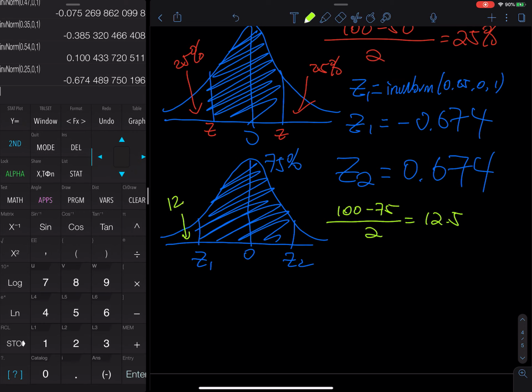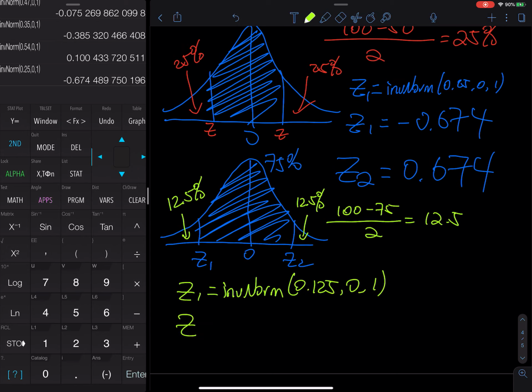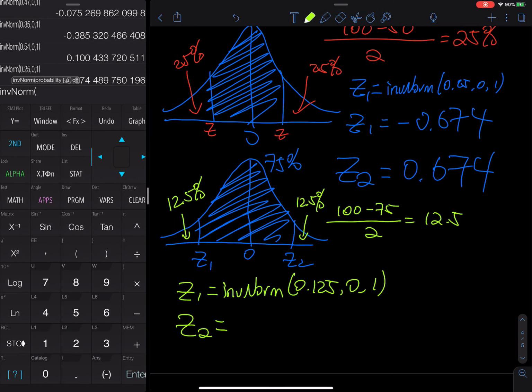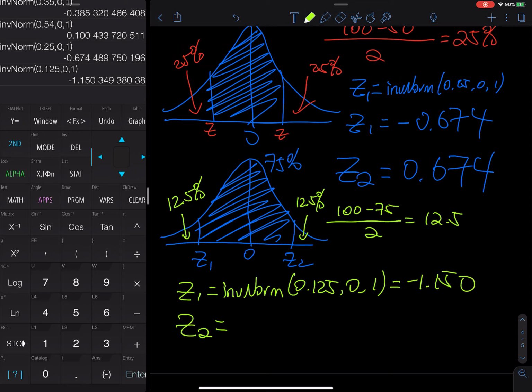So this is 12.5, and then this is 12.5. And then your Z1 is equal to inverse norm 0.125, 0, 1, and then Z2, you take the positive. So second VARS, inverse norm 0.125, comma, 0, comma, 1, close parenthesis, and then you enter. So you have negative 1.150. This is positive 1.150. That's how you do inverse normal distribution.